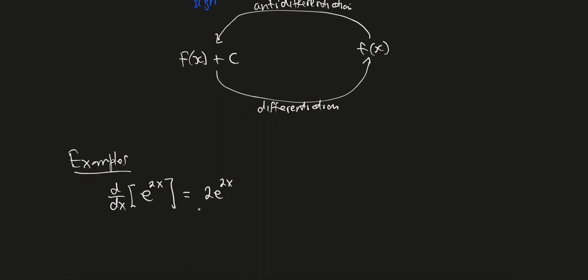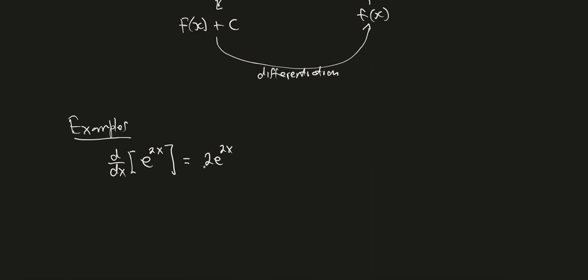Let me do some algebra with this equation and put it in a slightly different form, and then write down the antiderivative equation. Since this 2 is multiplying the e to the 2x on the right-hand side, I can divide both sides by 2. I could say 1/2 times the derivative of e to the 2x would be e to the 2x. That's true, I just divided both sides by 2.